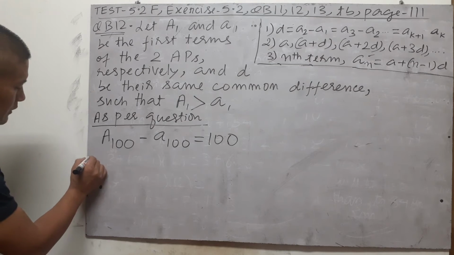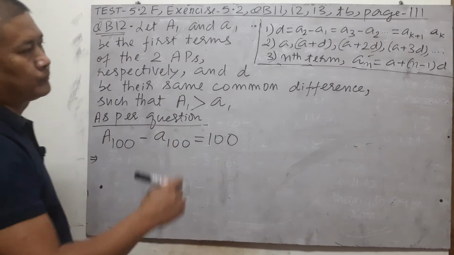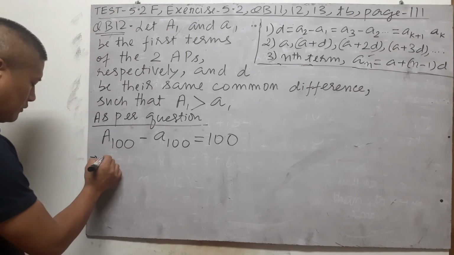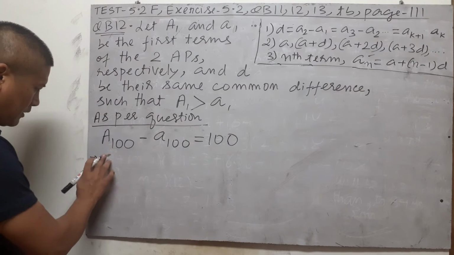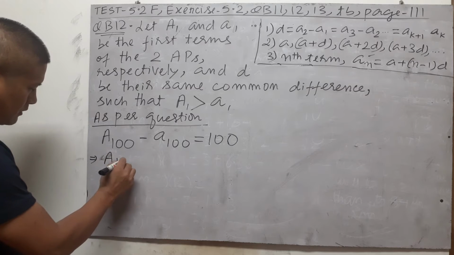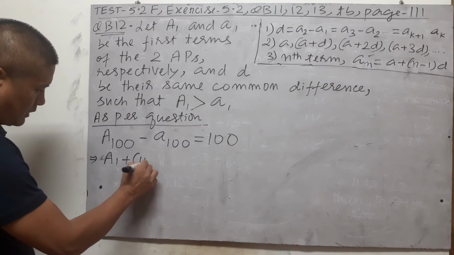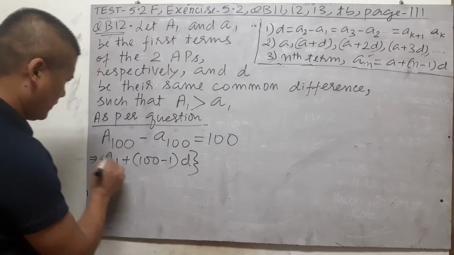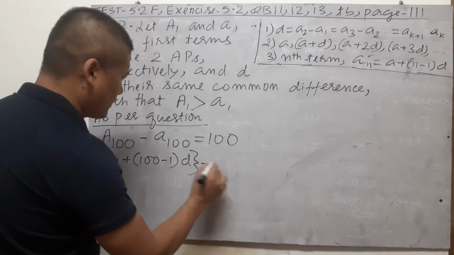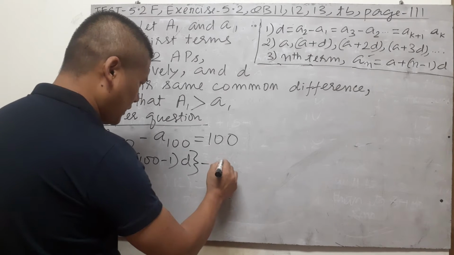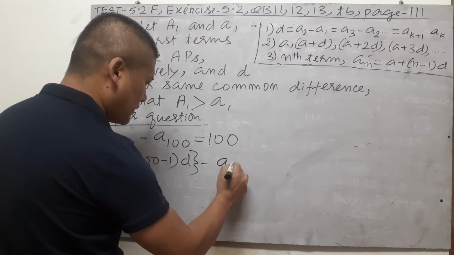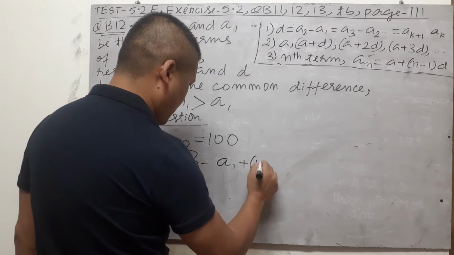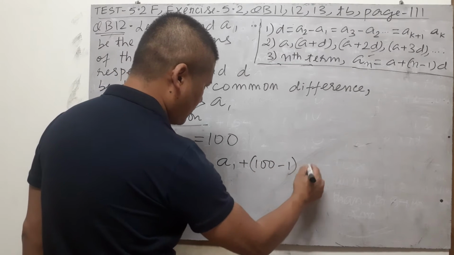Now let us apply the formula here. An is a plus n minus 1 into d. So A100 will be, applying the same formula, the first term A1 plus n minus 1, n is 100, so 99, into d. This is the A100 value minus the small a100 value, applying the same formula, first term of the second AP plus 100 minus 1 into d.